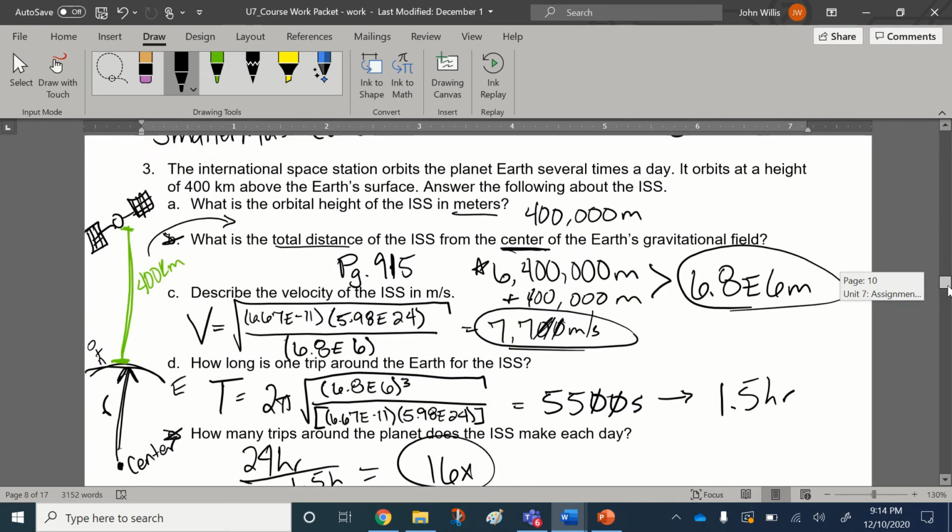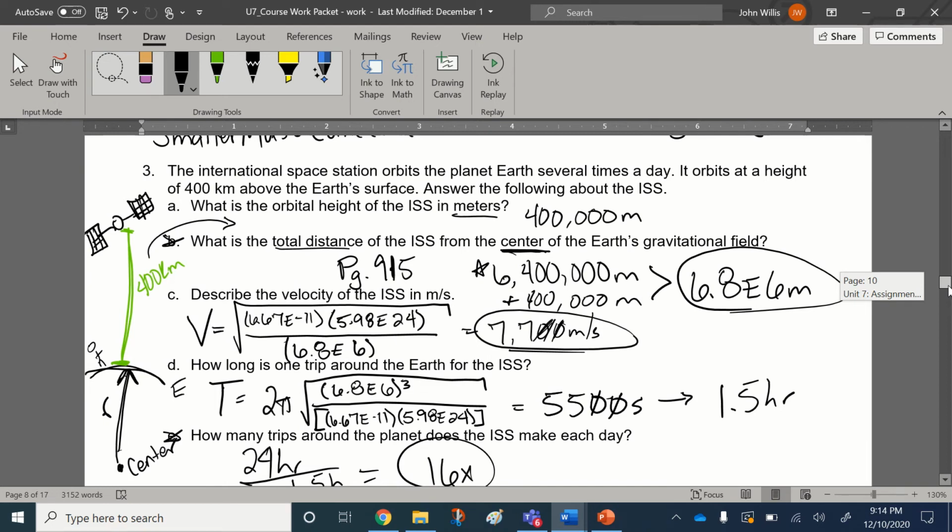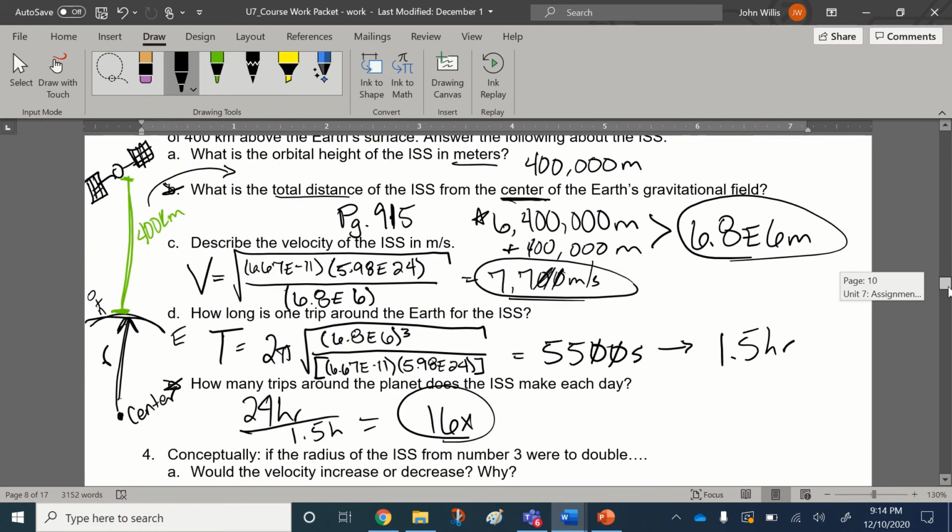Number 4. So really, all you're going to have to, let me take a step back. Those were the calculations students sometimes really don't like, just because of all of the scientific notation that's going on in there. But I want to point out, this is as complicated as those are going to get. 3C and 3D, definitely going to be on the exam, but I'm only going to ask you to solve for velocity or period.